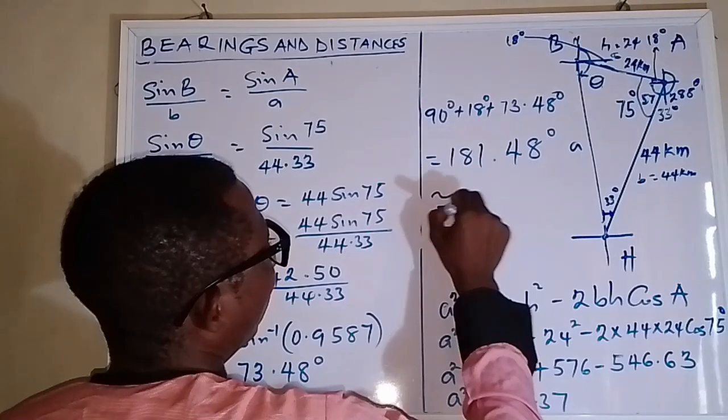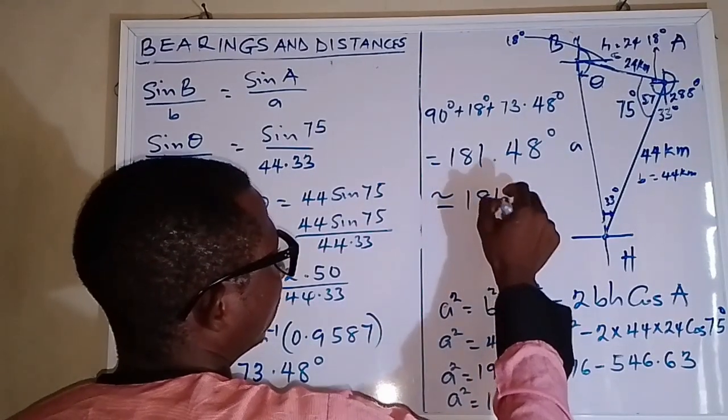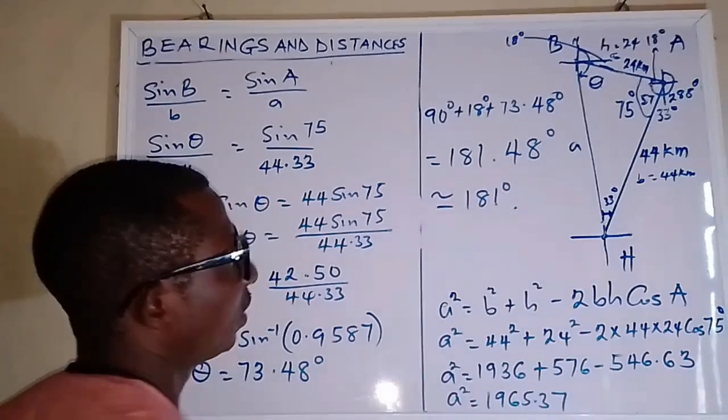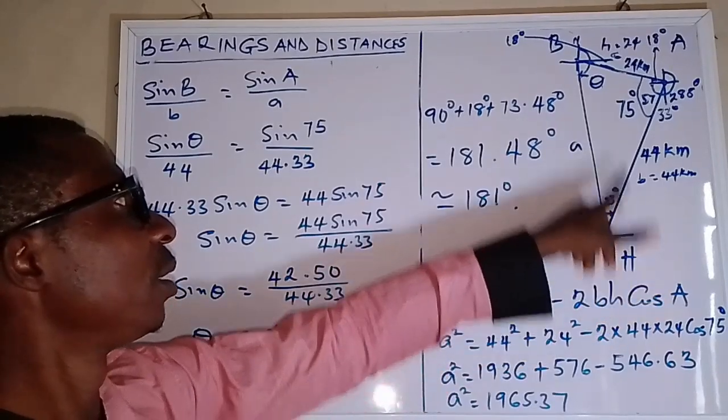So the nearest whole number is going to be 181 degrees. So that is going to be the bearing of H from B.